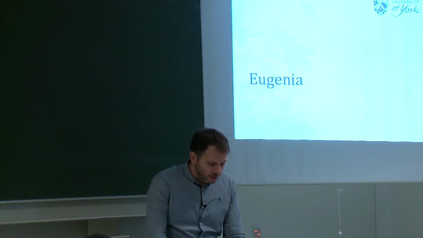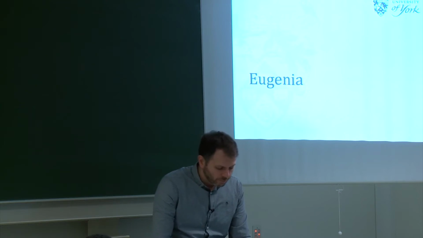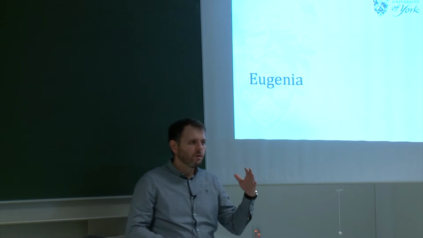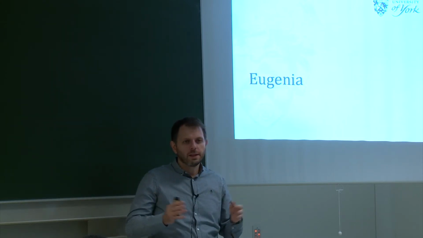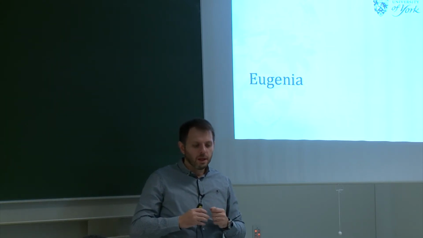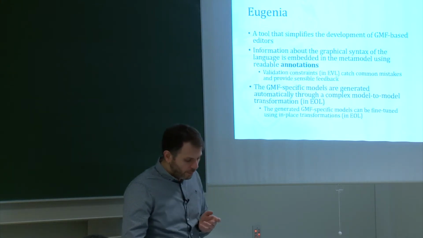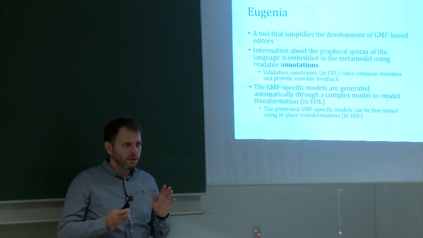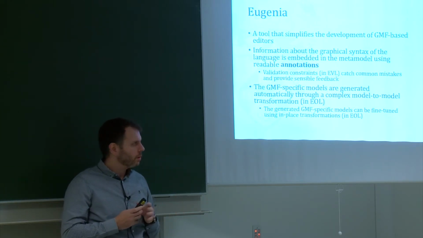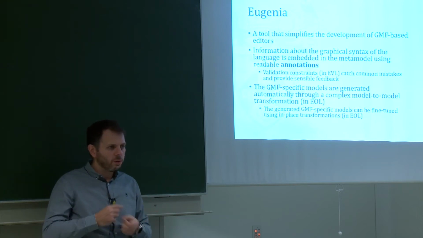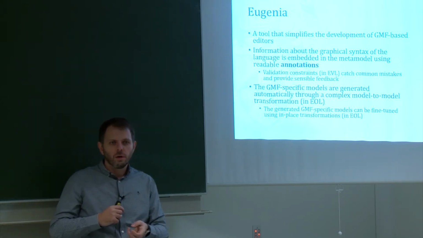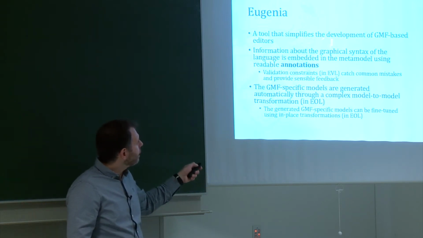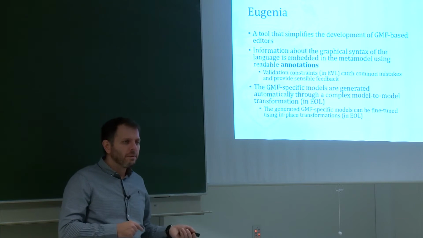So, not all hope is lost, because there is a tool that sits on top of GMF, and it makes life easier for, I don't know, 90% of the editors you will want to build. So that tool is called Eugenia, and it works by, instead of using these extra models to attach information about what is a node and what is an edge and what is the border color of that node, etc., it uses annotations which are embedded in the meta model.